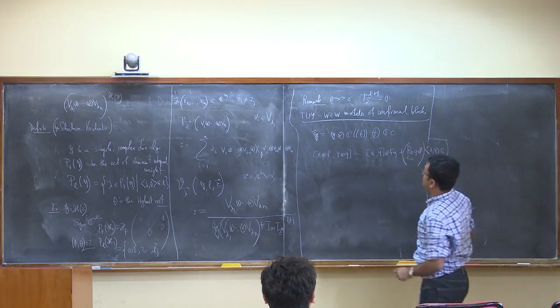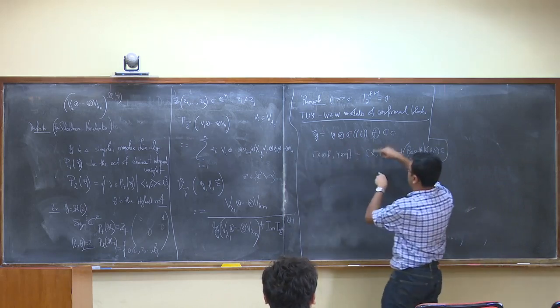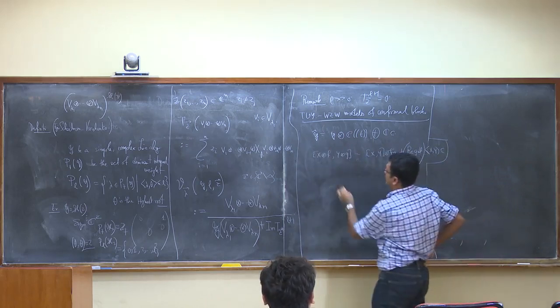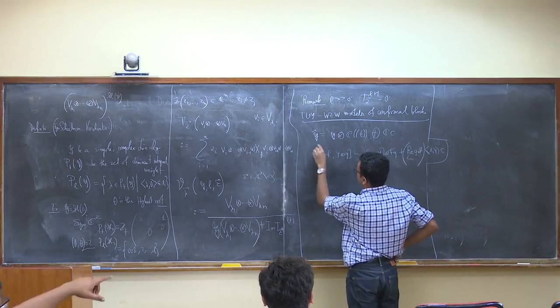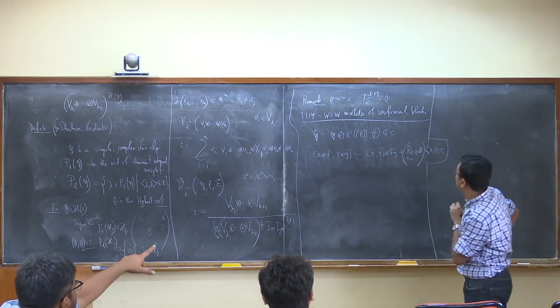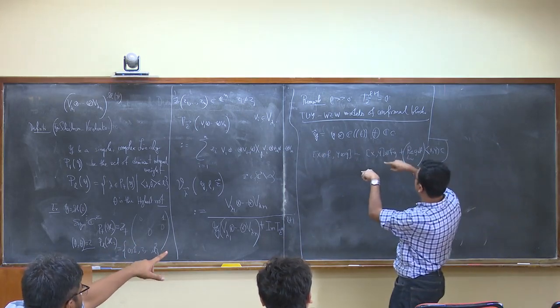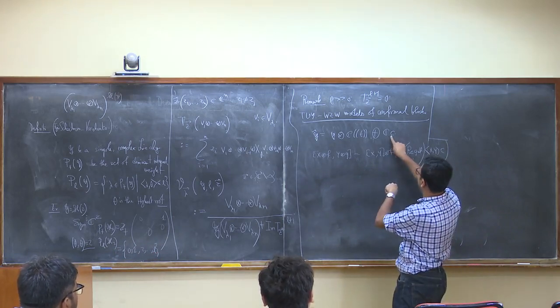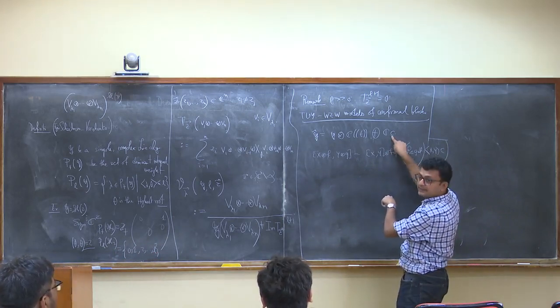So this is the affine Kac-Moody Lie algebra: g times C((t)), direct sum C. That is the central extension, so there's a central charge.